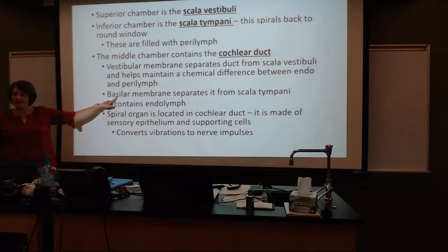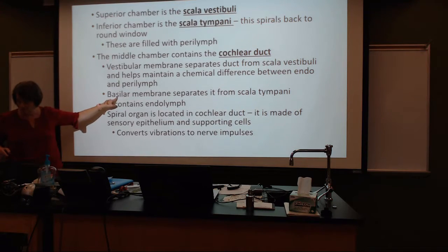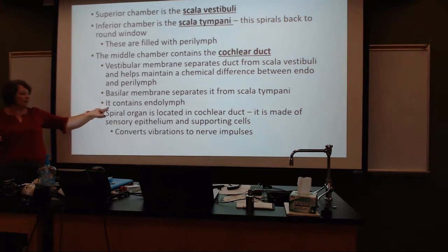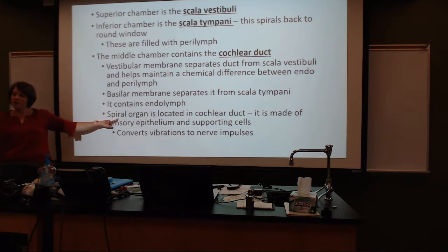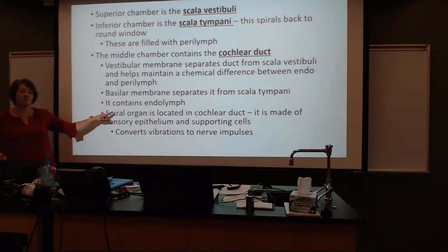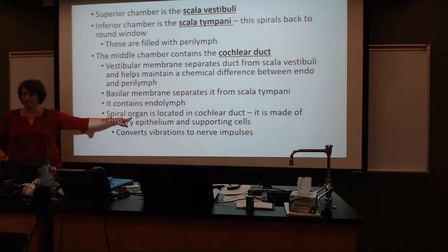We've got the basilar membrane, the part with the cells. We've got the endolymph. We've got what our organ of hearing is. The organ of hearing is termed the spiral organ.